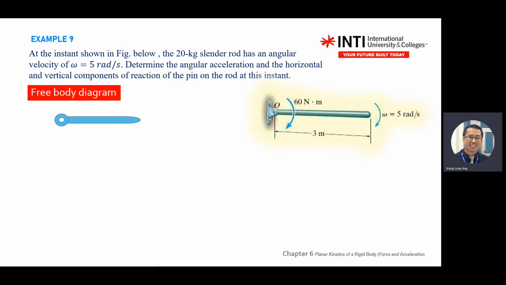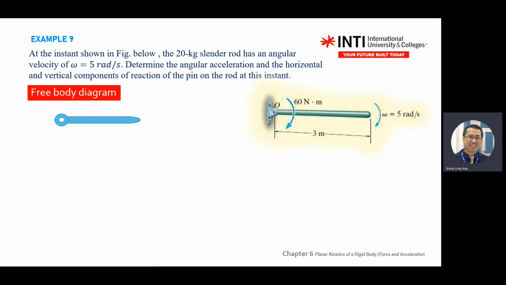So a_n is omega squared R, and the tangent component a_t is alpha R. You should already know these, like g equal to 9.81, which is very common. So for all these things, you look at the question: angular acceleration, I have a moving object, so how do I link with the information I have? This is the angular velocity and so on.